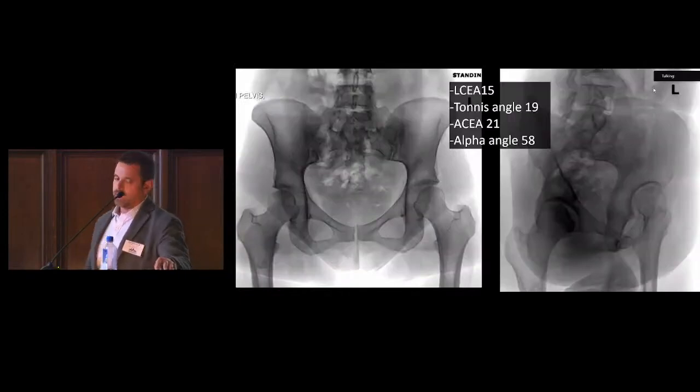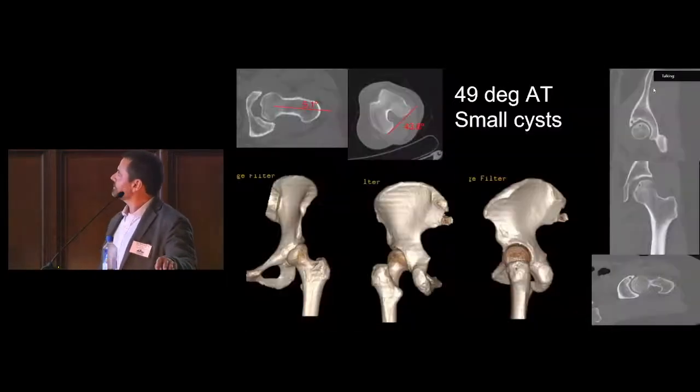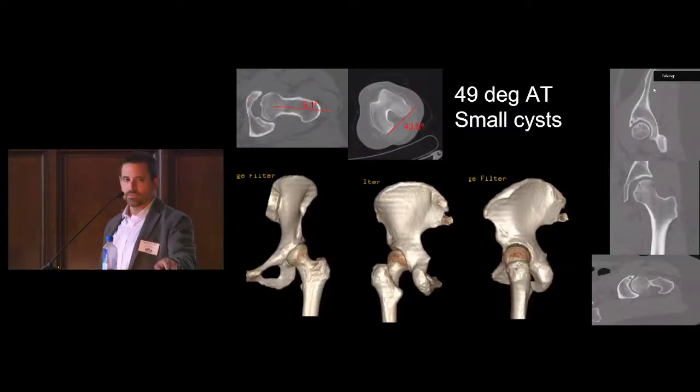So these are her AP pelvis and false profile radiographs. Numbers are listed here. She falls right at the junction of mild to moderate dysplasia. Here are zoomed in views. Her torsion is measuring 49 degrees. And if you look at the images on the right side, she does have some subchondral cystic changes.